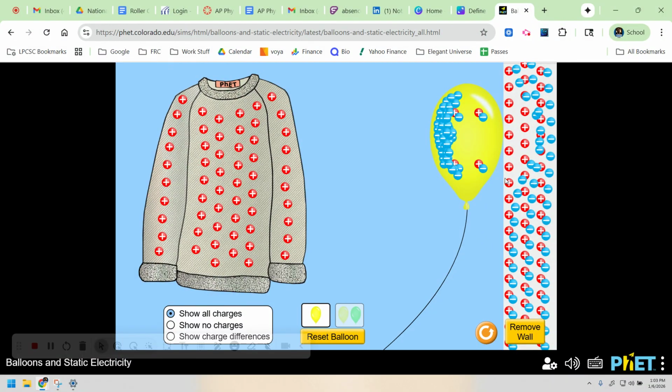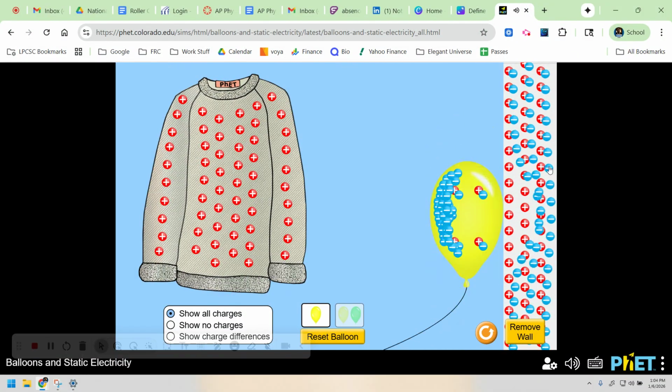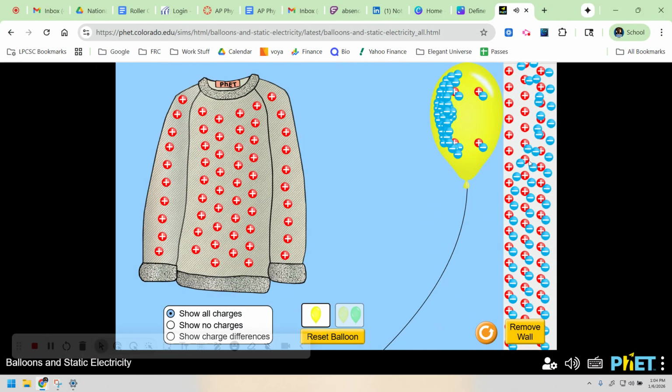Now, over time, if one of these electrons moves over from the balloon to the wall, the wall will somehow absorb them, and then if people touch the wall or something comes into contact, everything wants to be balanced. Everything wants to be balanced, so it'll stay there for quite some time.